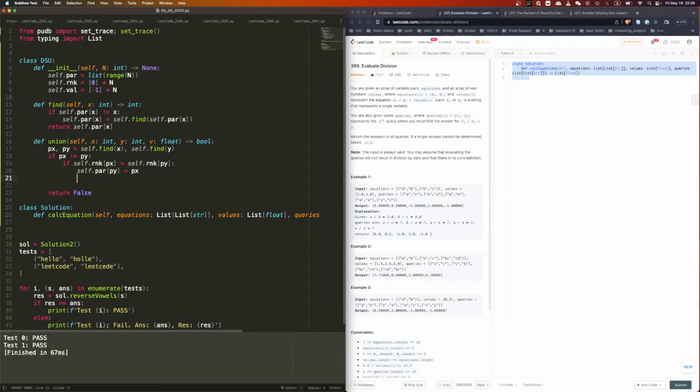So we say x and y, right? Now we assign the parent of x, px, to be the root, and the root value is always going to be 1. So when that happens, really, well, it depends, right?